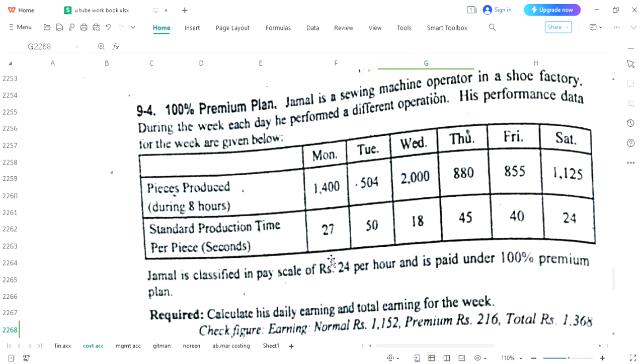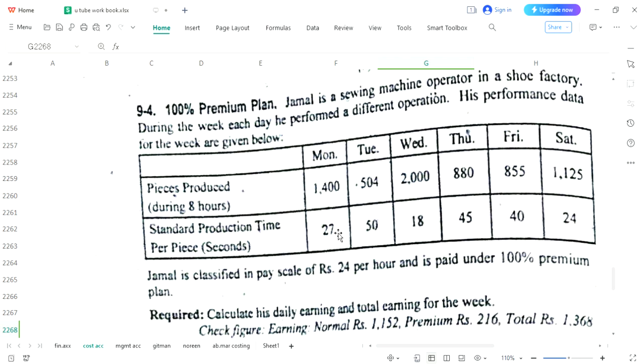What does it mean, 100% premium plan? He was asked to produce one unit within 27 seconds, and if he is not following it, no premium would be given. Even if he produced some units within 27, there would not be any premium.